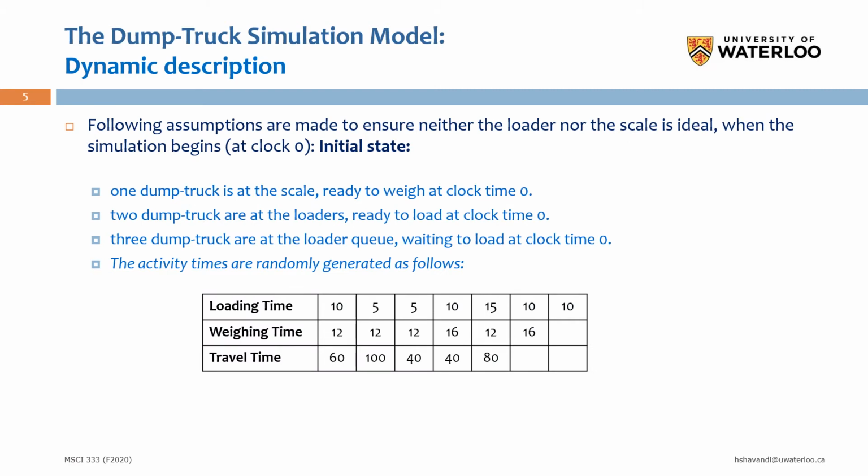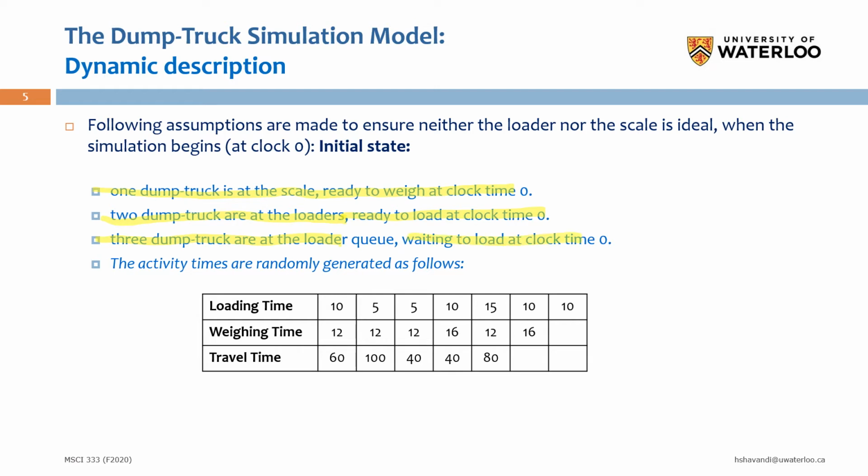In dynamic description, we need to obtain the initial status. So here we define the initial status for this system: one dump truck is at the scale ready to weigh at time 0, 2 dump trucks are at loaders ready to be loaded at time 0, and 3 dump trucks are at the loader queue, waiting to be loaded.